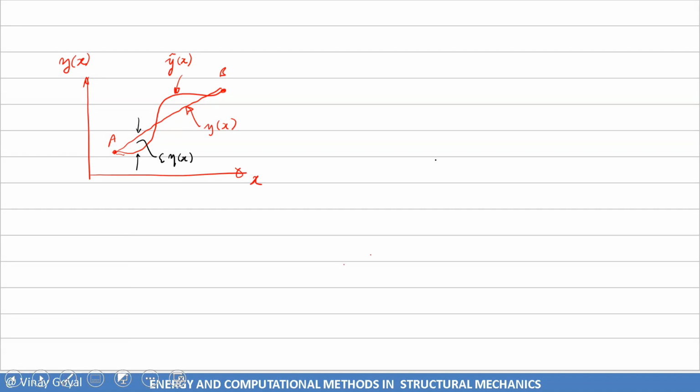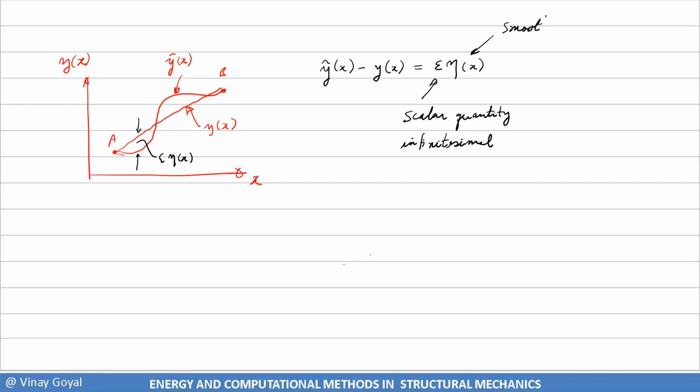And we said that that height is the difference between the virtual function ỹ of x minus y of x equals epsilon eta of x, where epsilon is a scalar quantity and infinitesimal, and eta of x is a smooth, continuous function that's arbitrary.